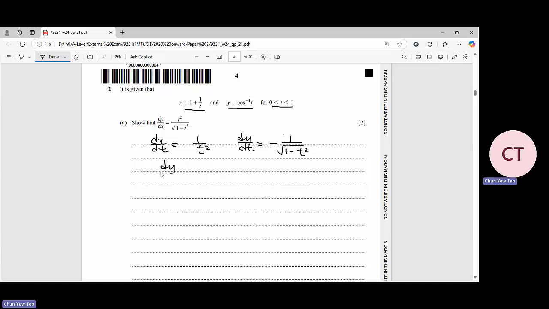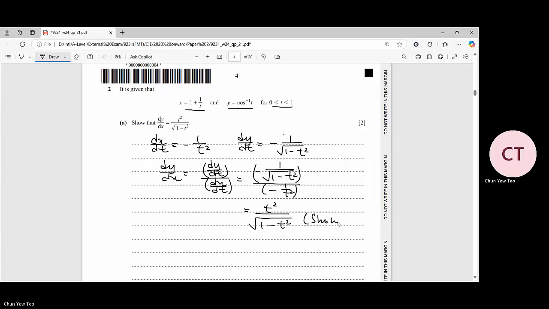Then dy/dx will be dy/dt divided by dx/dt, which is negative 1 over square root of 1 minus t squared divided by negative 1 over t squared. Cancel the negative, simplify it, and you get the answer shown. So this is the answer for part A.